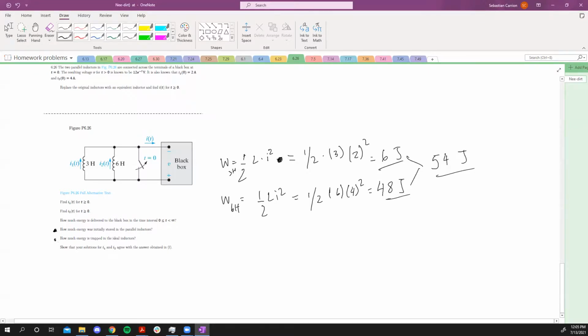Okay, so it's asking now how much energy is trapped in the ideal inductors.